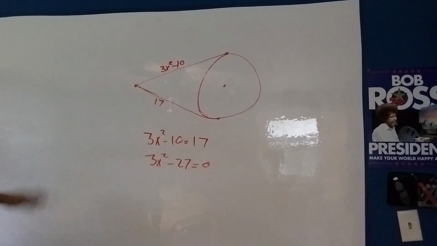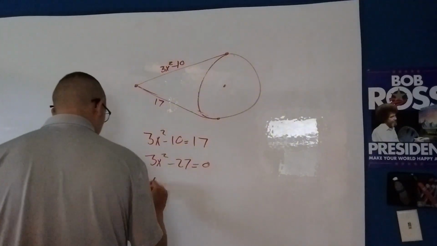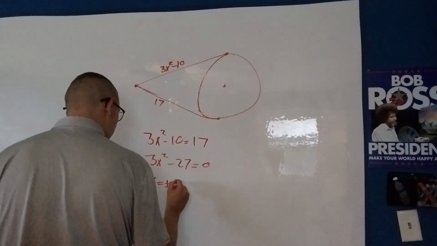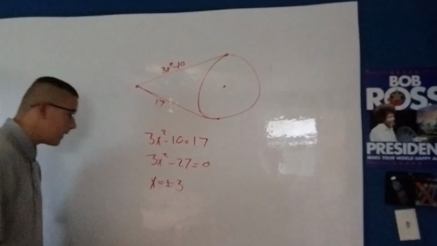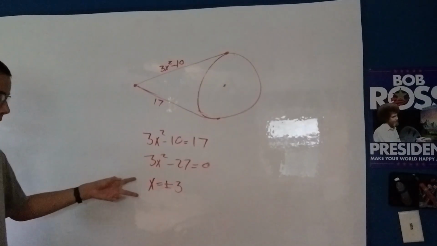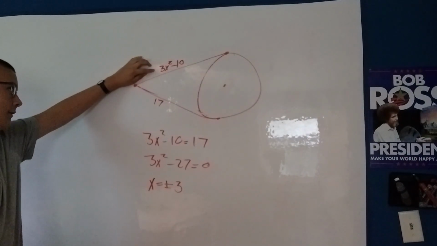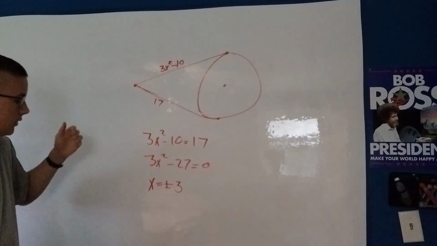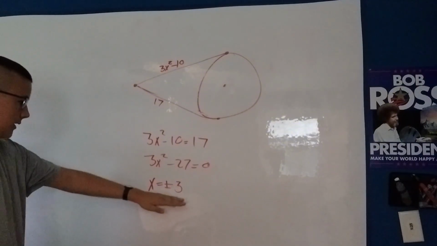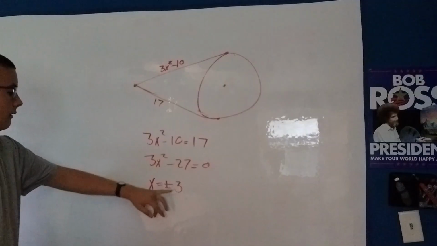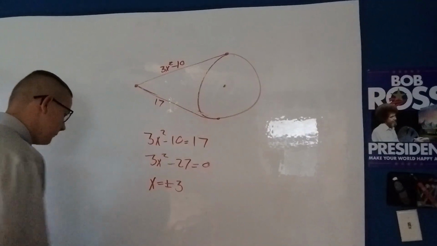And if you solve the quadratic, I'm not going to do it here because you already know how to, we get x equals plus or minus 3. If it asked for the length of this, you would use it, but it's asking for x, not the length, so we get x equals plus and minus 3.